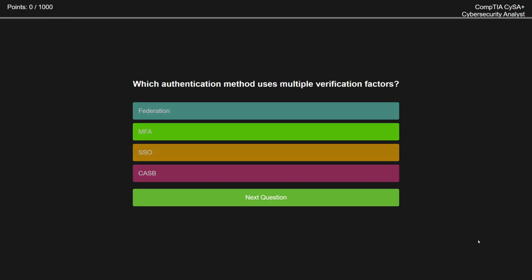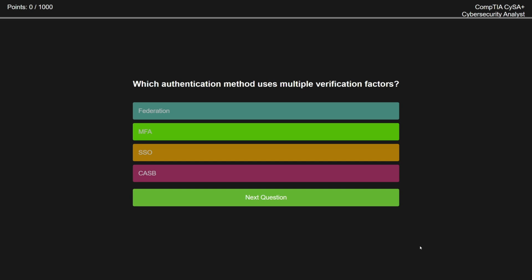I didn't get any points for that because I didn't click on it myself; I waited till the timer ran out. But which authentication method uses multiple verification factors? That would be multi-factor authentication, because it uses different factors, like something you have, that help verify that it was actually you.